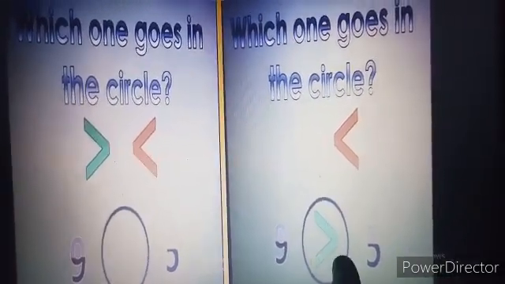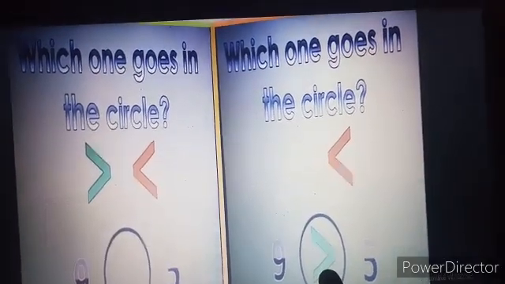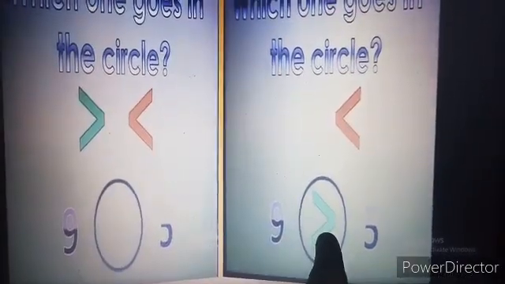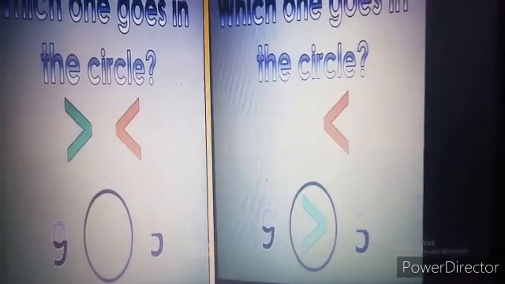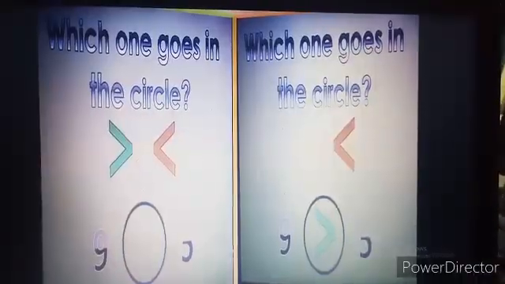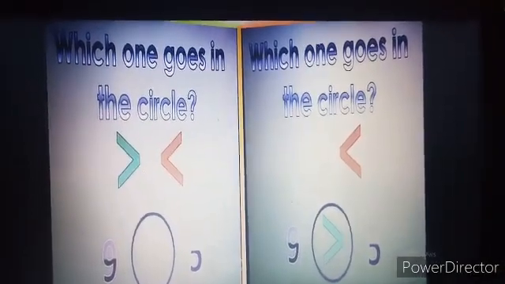Understood? So you will put the sign like this inside the circle. Got it? And how you will read this one? 9 is greater than 5. Got it? So children, all of you have understood about the greater than and less than sign.